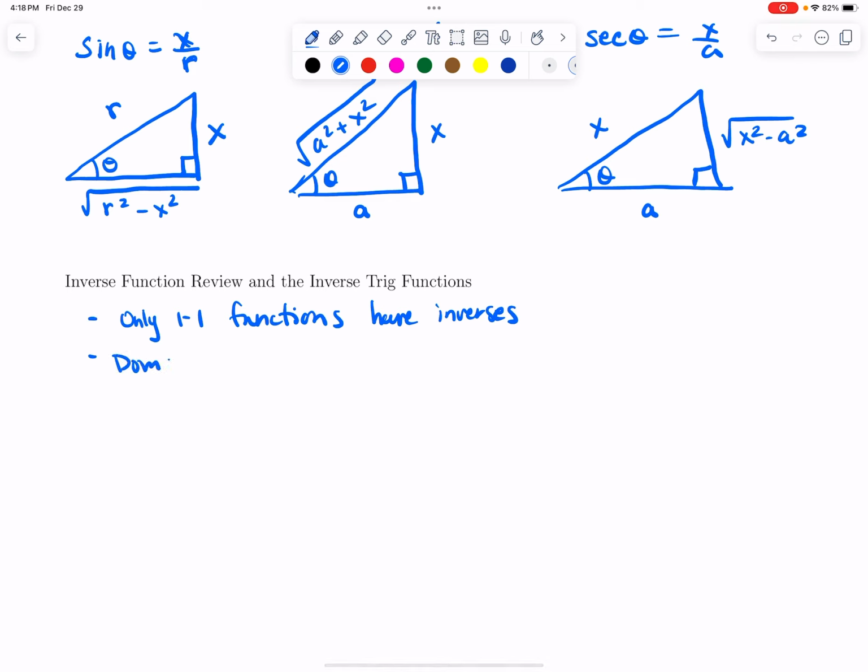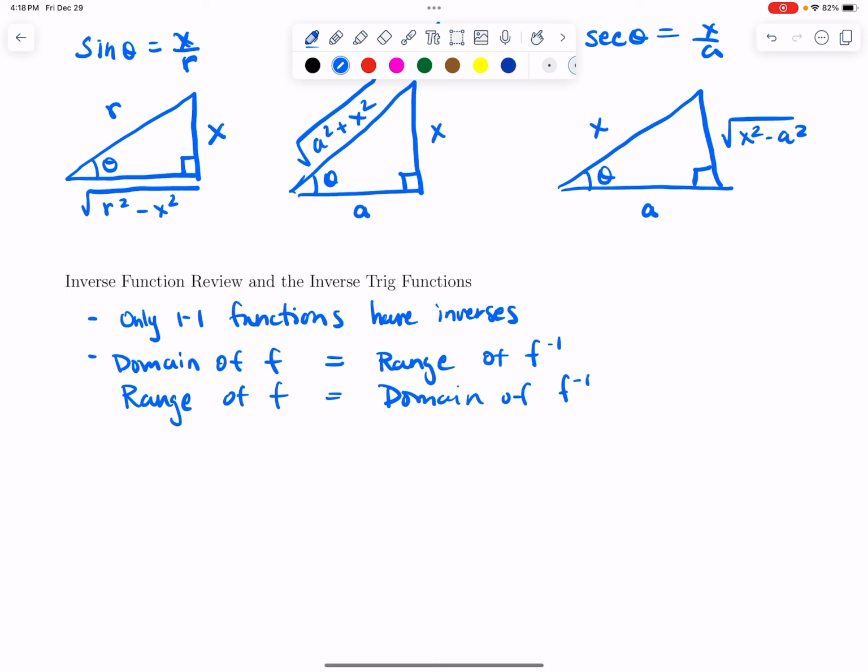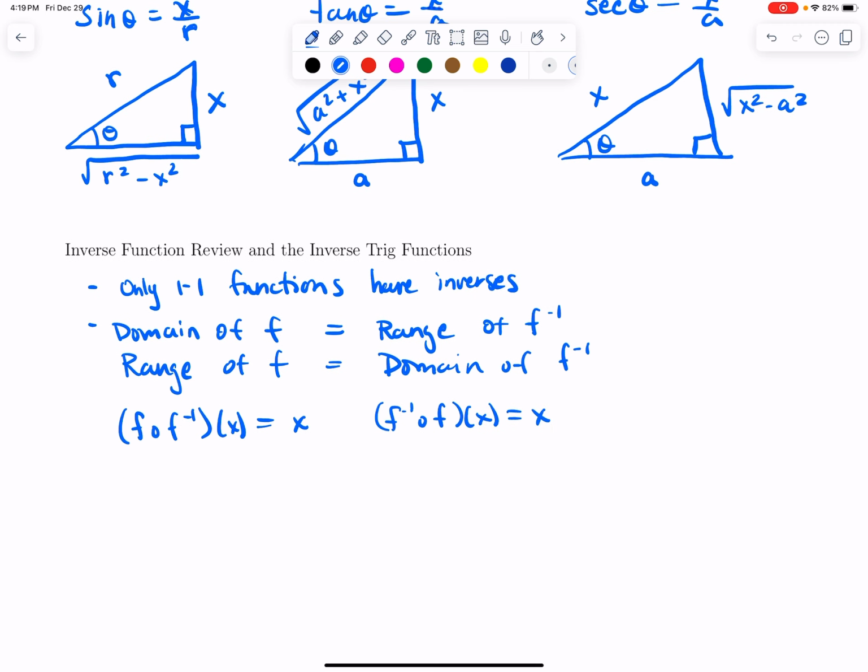The domain of f equals the range of its inverse, and similarly, the range of f equals the domain of f inverse, assuming that the inverse exists. And another thing is that if you compose a function with its inverse, you get back the input, and that's true in either direction. And that definitely comes up in calculus.